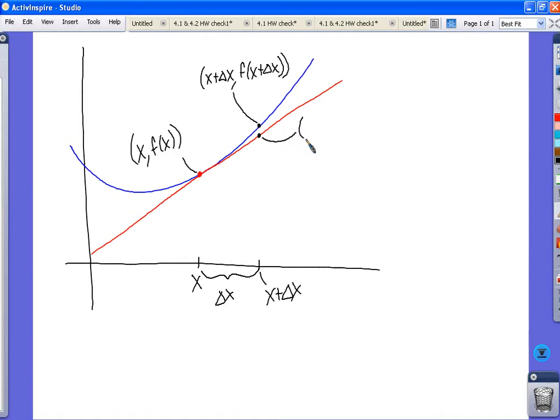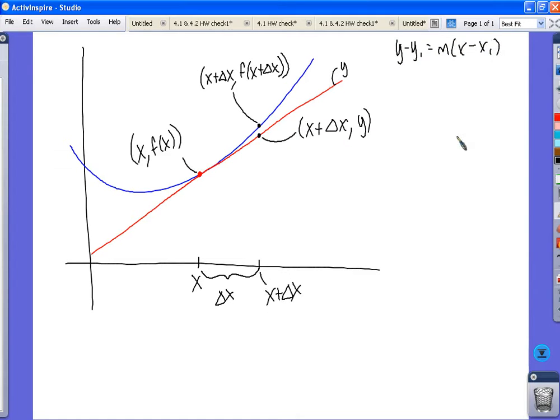So this point we'll call x plus delta x, comma y, for this function y of x. So remember that the point slope form of the equation is y minus y1 equals m times x minus x1.